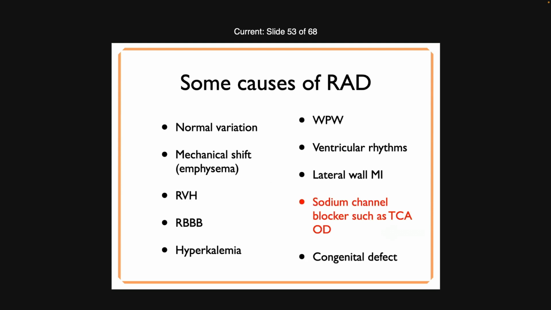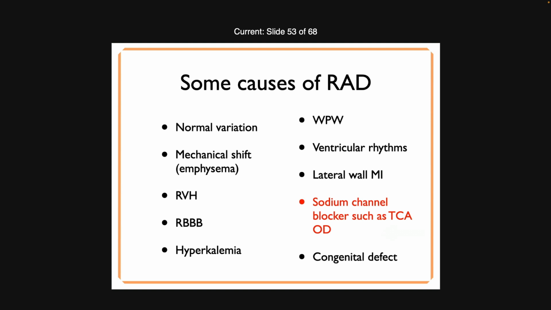So what causes right axis deviation? Well, again, normal variation, mechanical shift, which sounds a little bit odd. But another mechanical shift is if somebody is very, very thin, the heart will tend to drop a little bit, and that will cause right axis deviation.